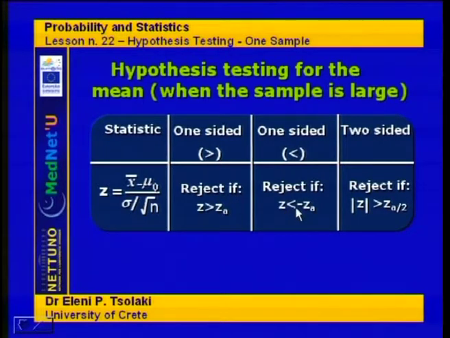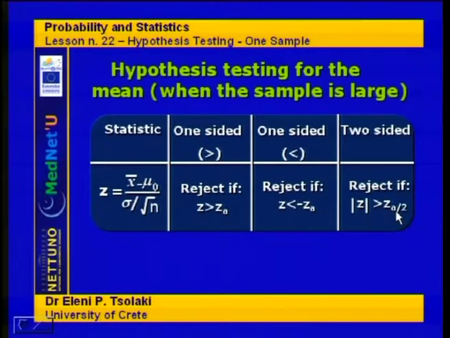If Z is less than this number when our hypothesis is here, we also reject the null hypothesis. If we have a two-sided problem, then we reject the null hypothesis if the absolute value of Z is greater than this value.